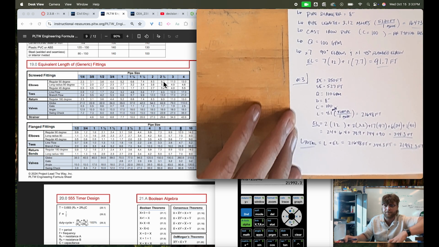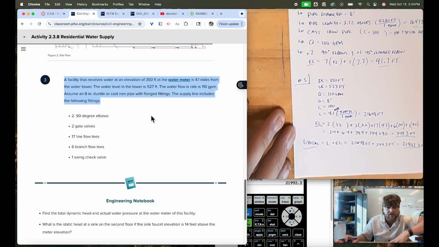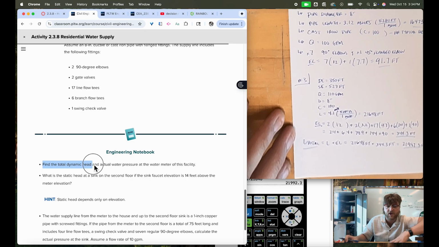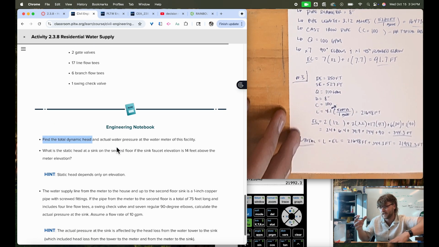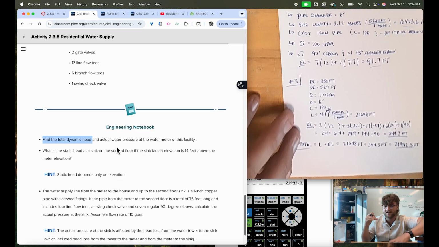All right, so now let's see what they are wanting. The water supply line includes the following. They haven't prompted us for what we want to solve for yet. So now we've got to find the total dynamic head. Remember, dynamic head is the actual head. Then they also want the dynamic water pressure, which is also the actual water pressure at the water meter of this facility.